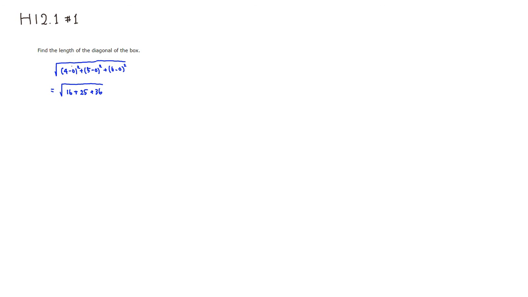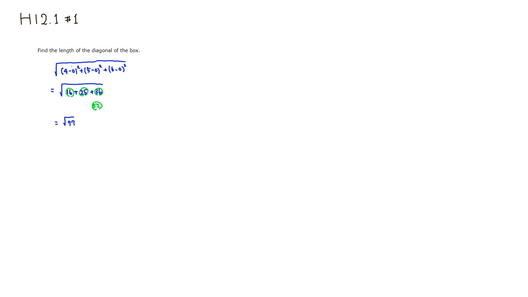So what do we get here? If you add 16 and 36, you get 52. So 25 and 52, you get 77. So this is going to be equal to the square root of 77.